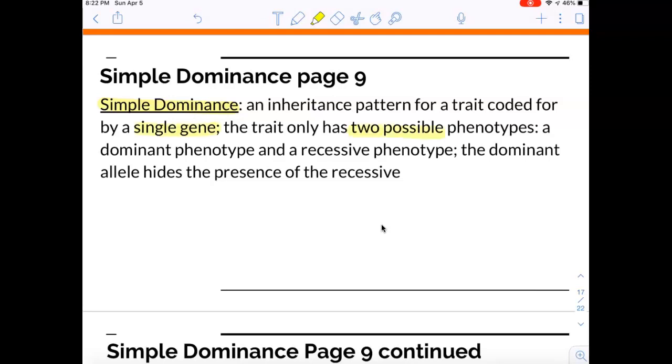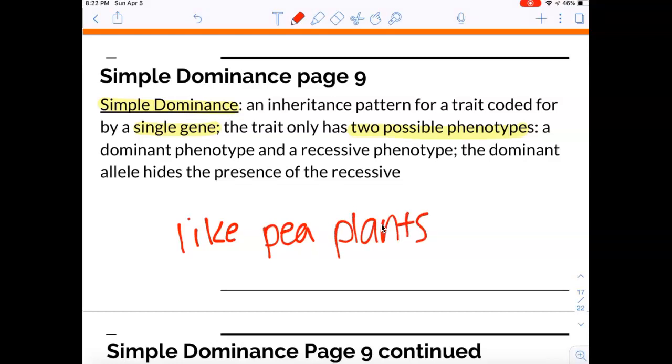The trait has two phenotypes, a dominant and recessive, and the dominant hides the presence of the recessive. This is like the pea plants. Essentially, this process is how Gregor discovered genetics. It's the most simple form. We're going to move on to the more advanced forms later on in this chapter, but this is where we're going to start for now.